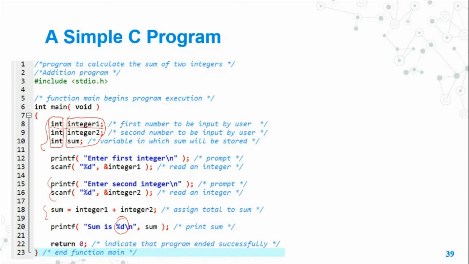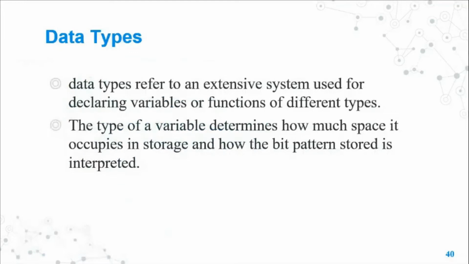So this int is a data type that represents the integer type of data. Integer type, you know, that is 0, 1, 2, 3, etc., or 0, -1, -2, etc. That is the whole numbers. So let's see the other data types that are available in C. So actually, what is a data type?